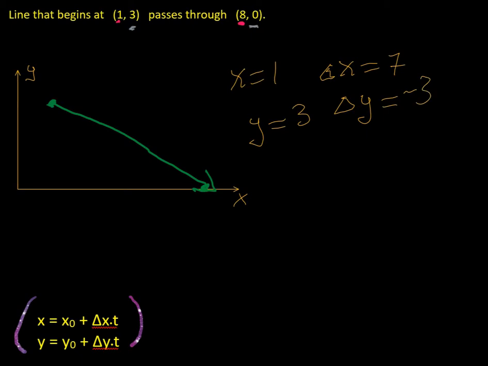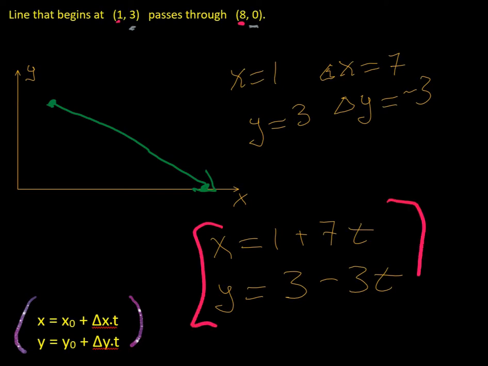So for our parametric equations, x would be 1 plus 7t, and y would be 3 minus 3t. Let me put little brackets on this now for our solution, and then we slide it up a little bit here.